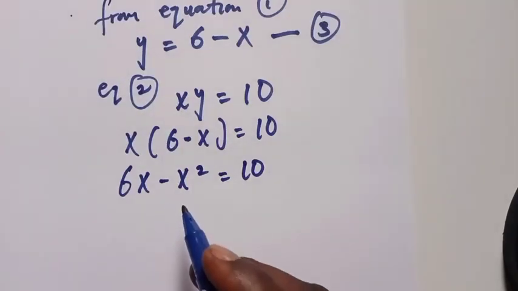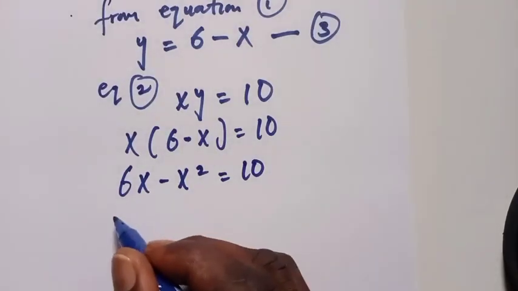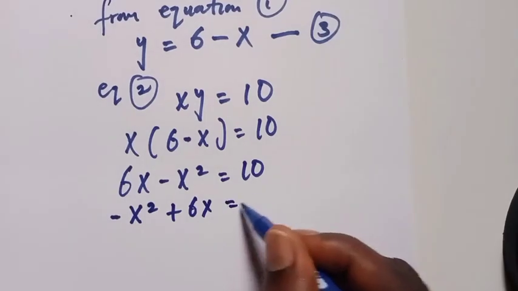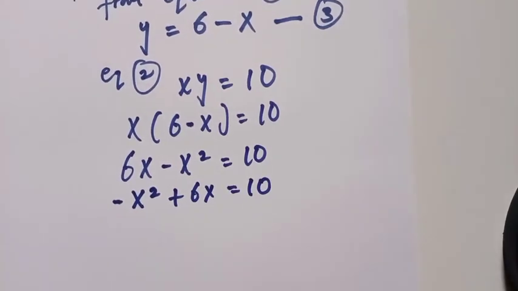Now, if we rearrange this equation, we have minus x squared plus 6x equals 10. To eliminate the negative sign at this point, we multiply the whole equation by minus 1.